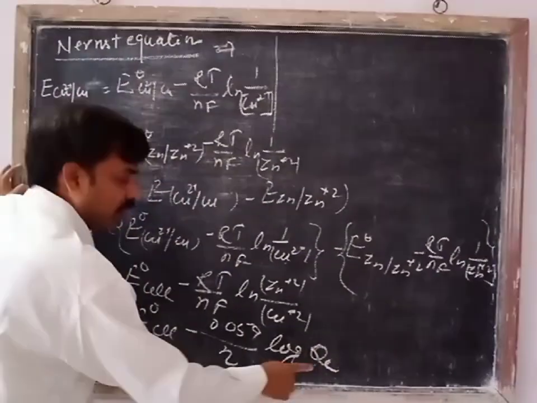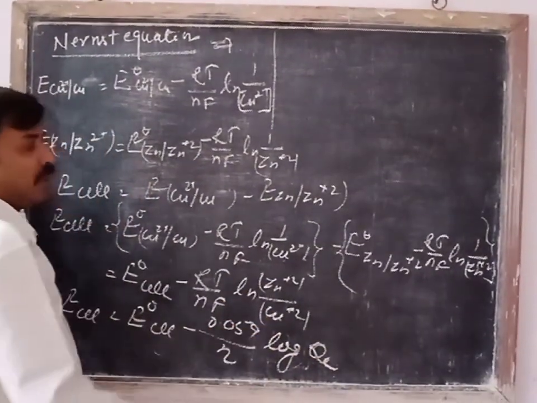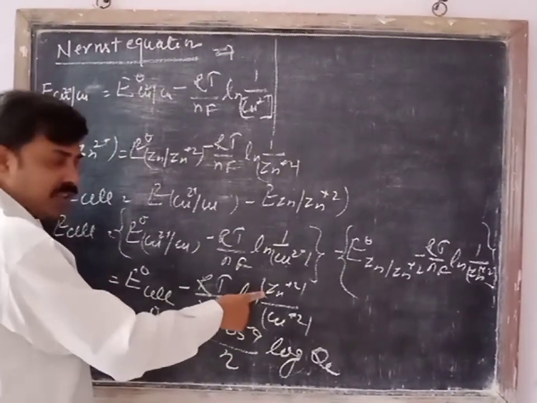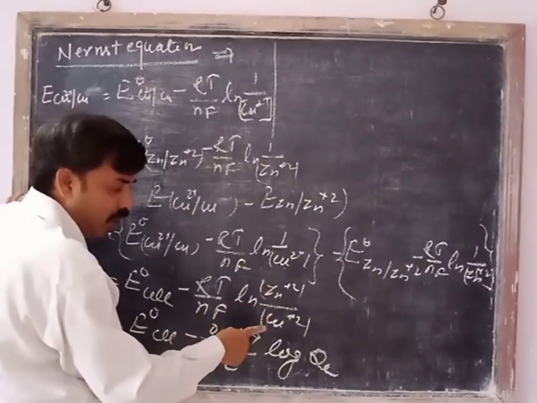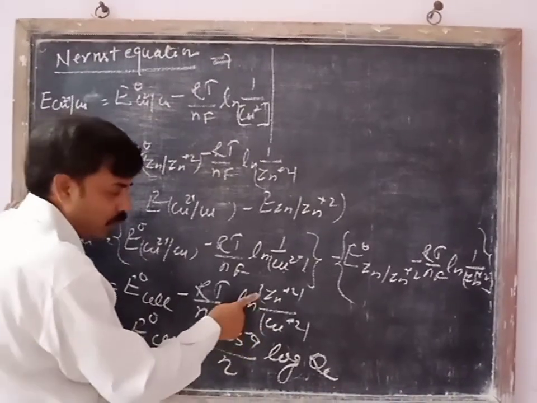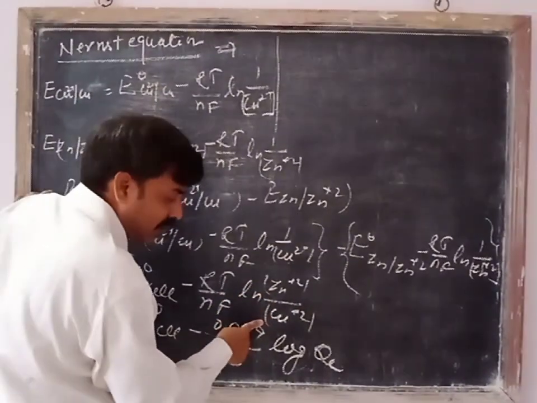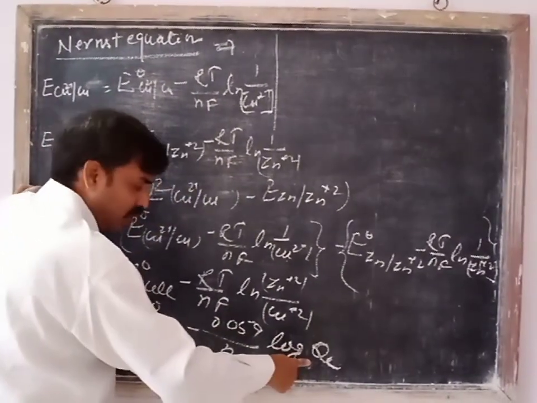This Qc is the concentration of product upon concentration of reactant. Here in the reaction, zinc is the product and copper ion is the reactant, so this is the reaction quotient.